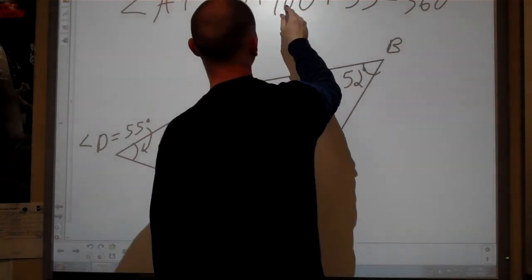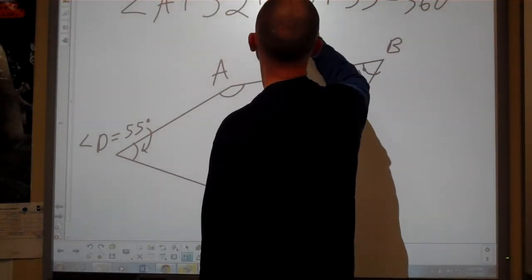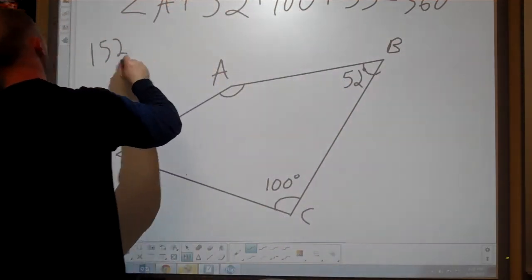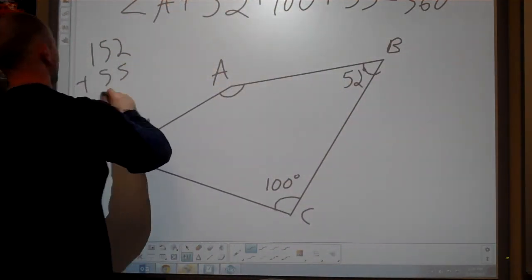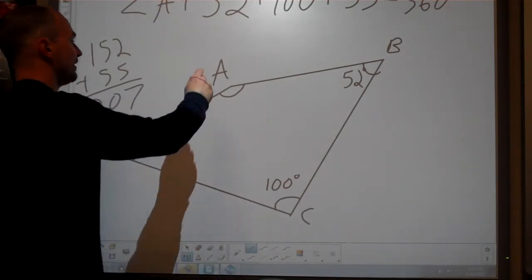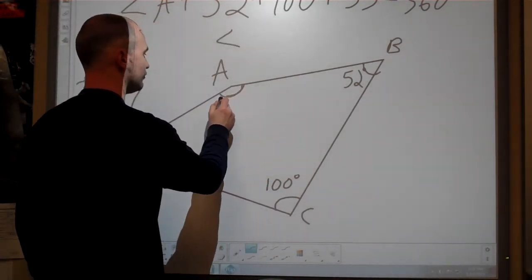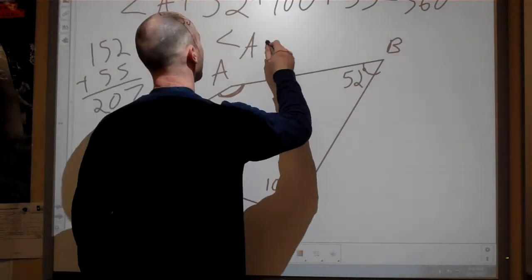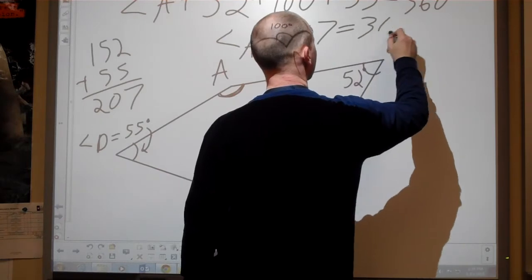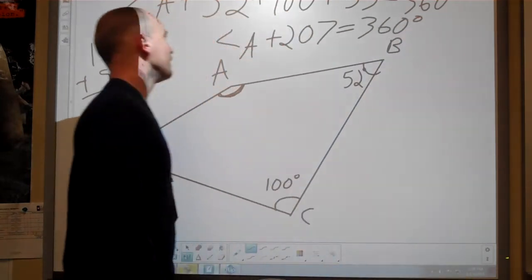So 52 plus 100 is 152. 152 plus 55 brings me to 207. So angle A, this big fat obtuse angle right here, plus 207 equals 360 degrees.